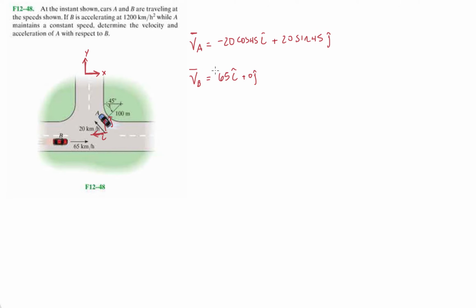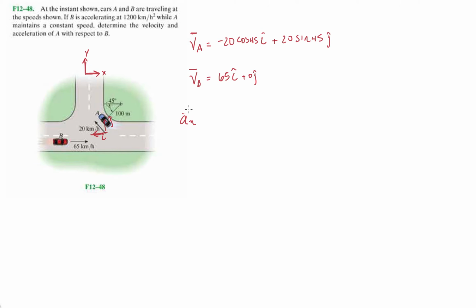Alright, so now we have VA and VB. We've dissected it. Then we want to determine the acceleration of A. They're giving us a constant speed, but remember, we also have normal acceleration.